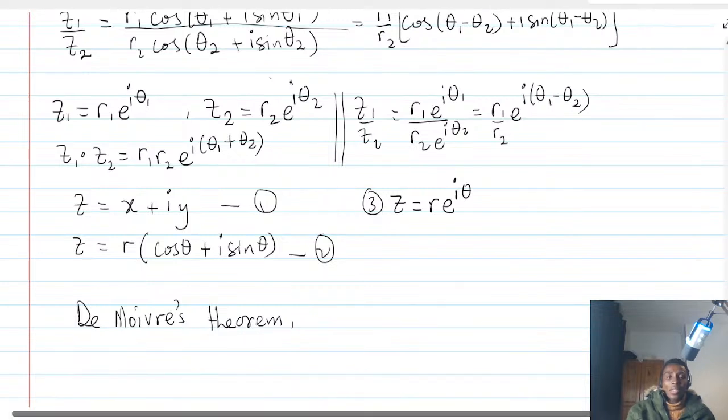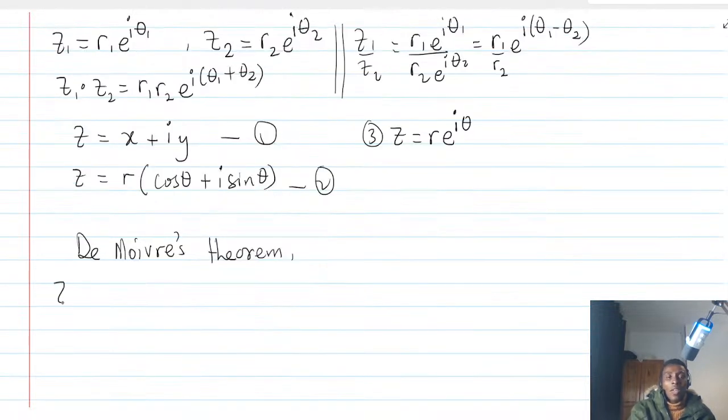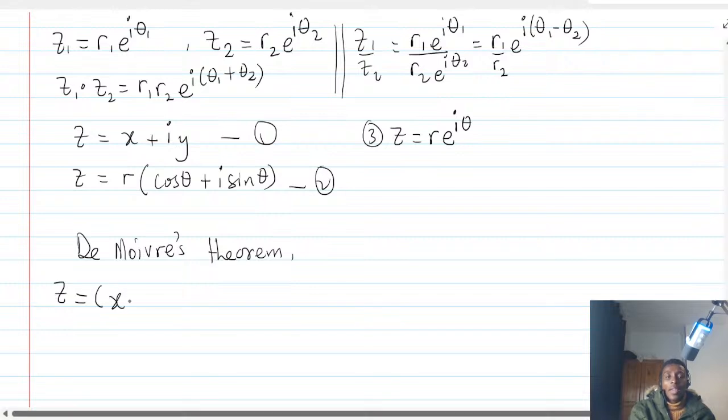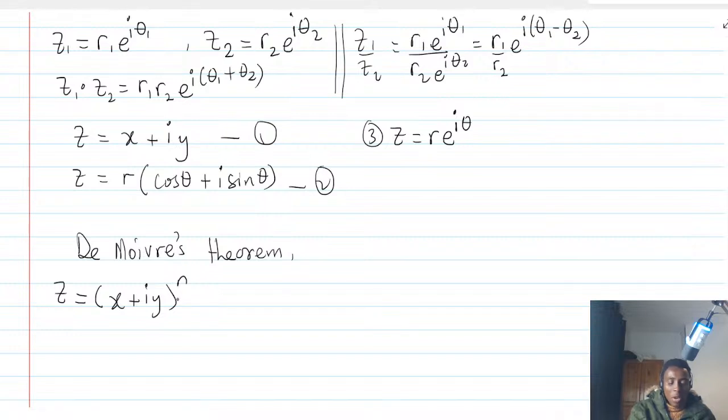The livestream is saying that if you are given a complex number x plus iy raised to the power n, it will be difficult to do this. If you try to do it, it will be very difficult. Let's say you have been given z equals 1 plus i raised to the power 1000. How will you be able to do this manually?